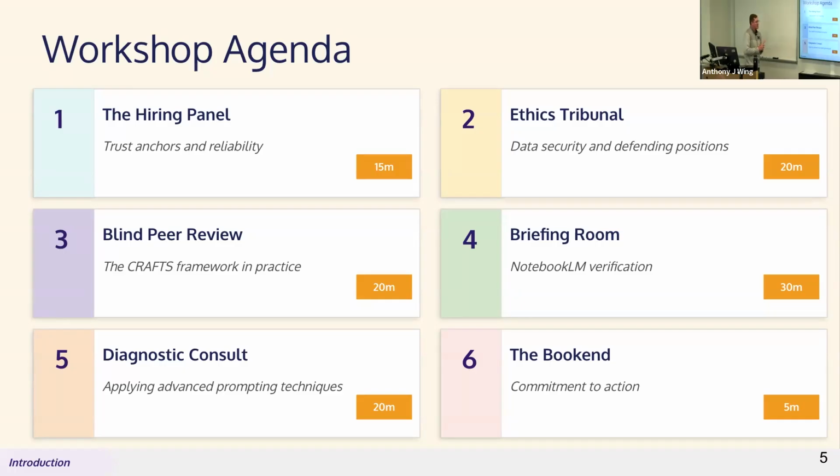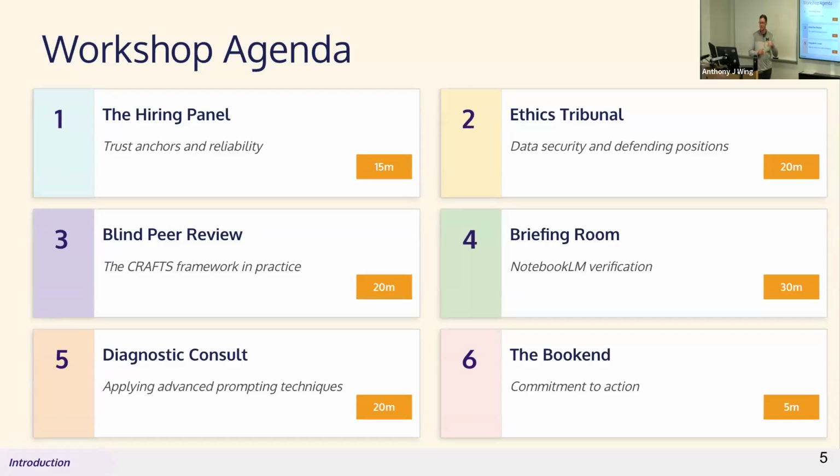We'll talk a little bit about trust anchors and reliability, and then also some data security and defending positions related to data, when to use it, when things are public, when they are institutional, when they are restricted, things like that. We'll talk about some prompting frameworks that you can use. CRAFTS is specifically the one that I've come up with and used over the past year or so. Then we'll get into NotebookLM.